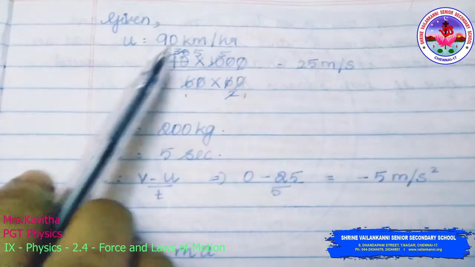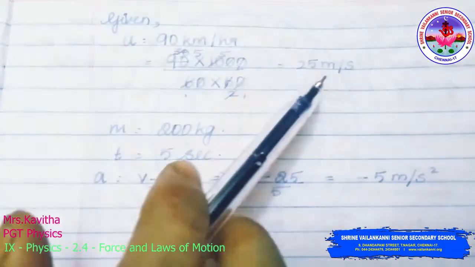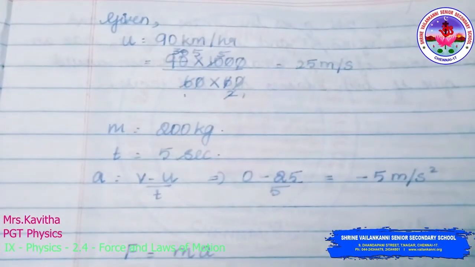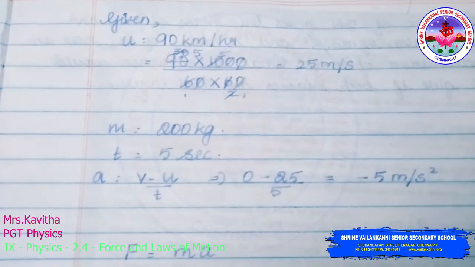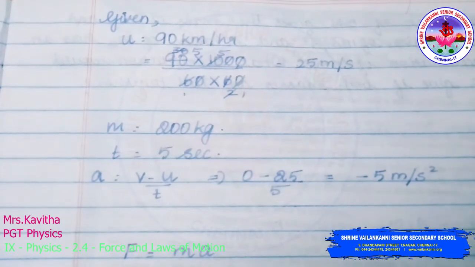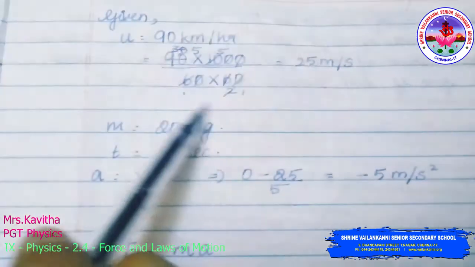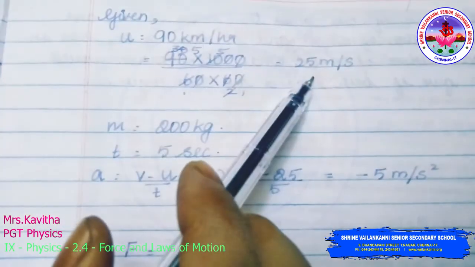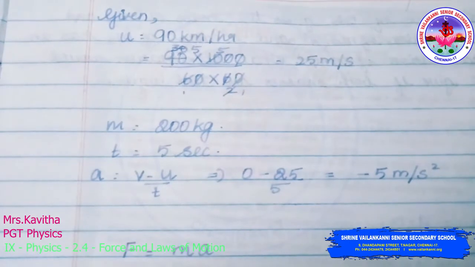So u which is equal to 90 kilometer per hour, we have to change it into meter per second, so that 90 into 1000 by 60 into 60. So 1000 by 3600 is the kilometer to meter conversion formula. We are going to use it. So 90,000 by 60 into 60. So we will get 25 meter per second.